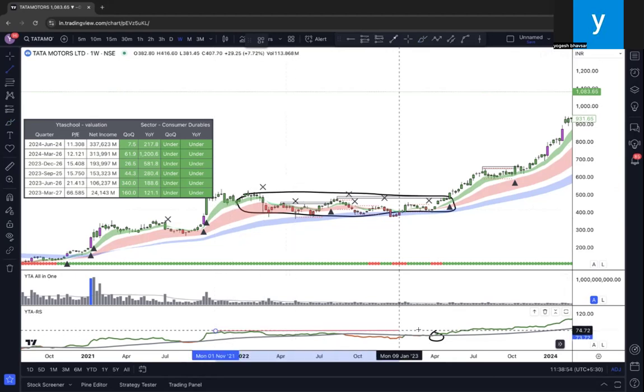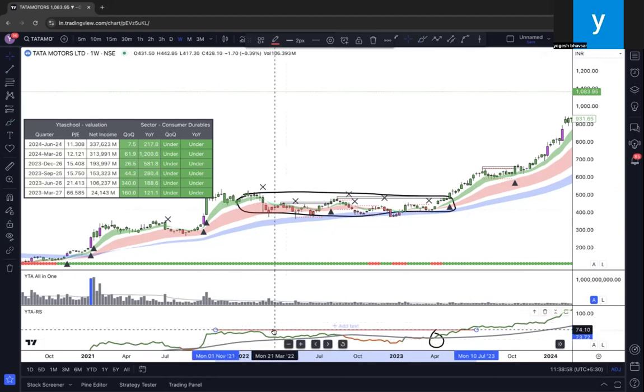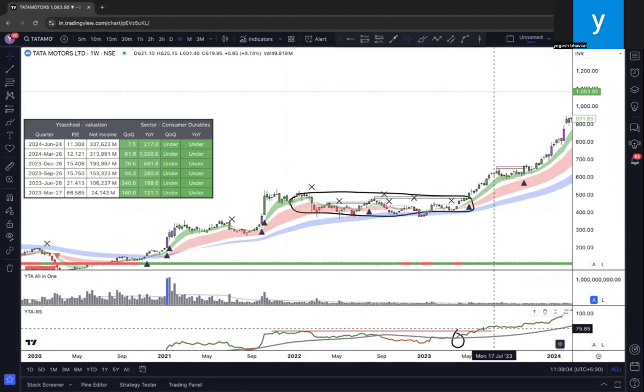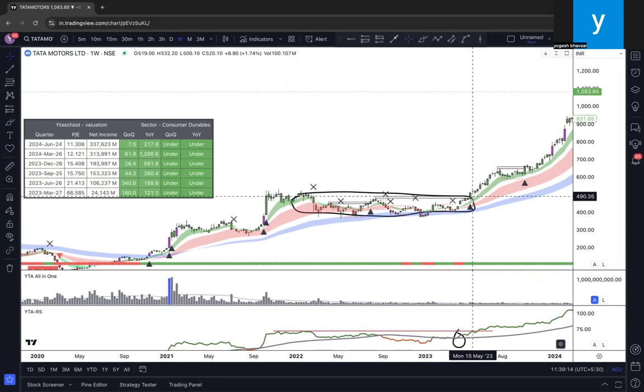I will put a vertical line, a line touching the highs. Even if it turned over here, there is no extraordinary volume and neither the pink candle. So I need to know where the strength is. Is the strength coming or not? The strength kicked in.